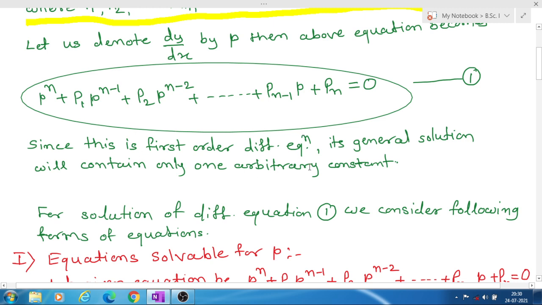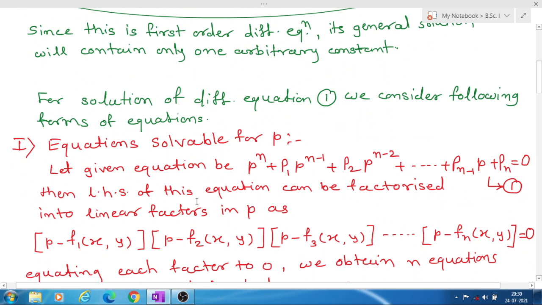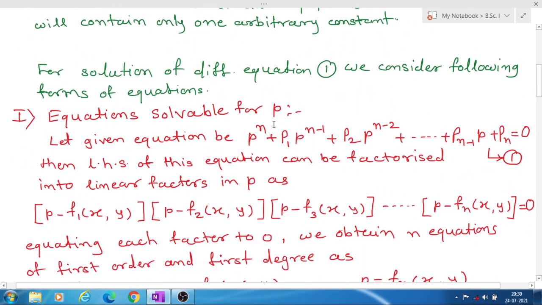So this is a first order differential equation, so the solution will contain only one constant. Now for the solution of this type of differential equation we consider some cases or some forms of equations.